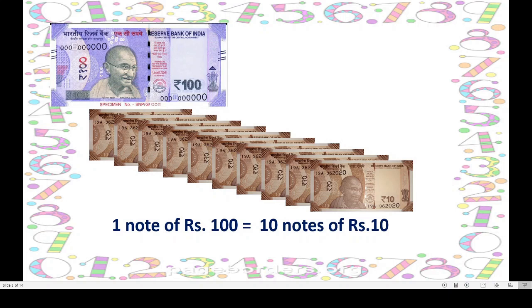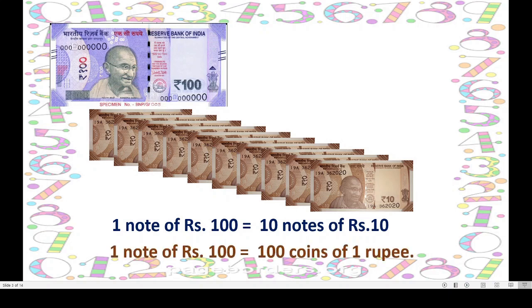Otherwise, for 1 note of rupees 100, if I need 1 rupee coins, then how many 1 rupee coins will I get? Yes, 100. Correct. For a 100 rupee note, I will get 100 coins of 1 rupee denomination.